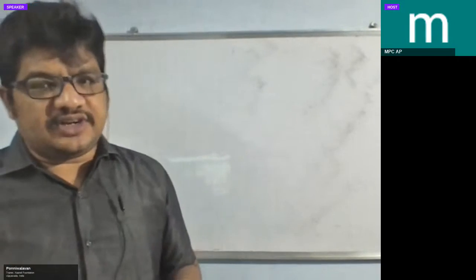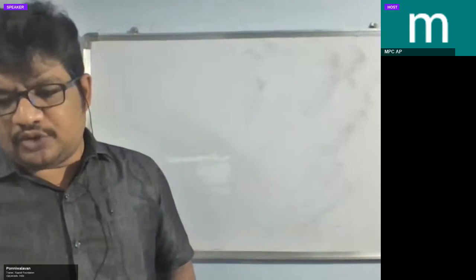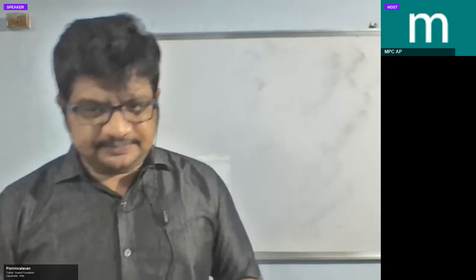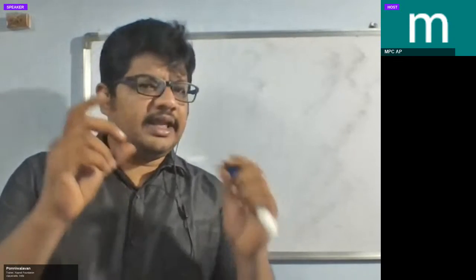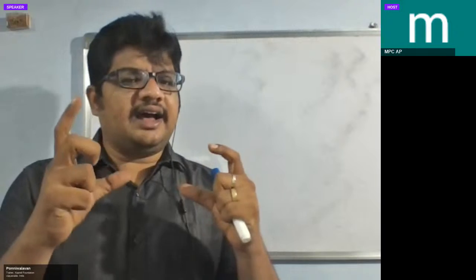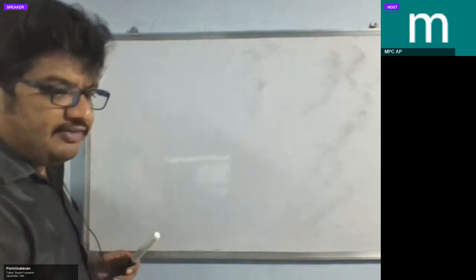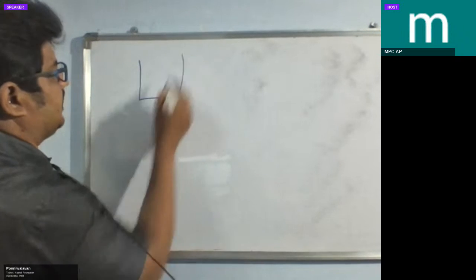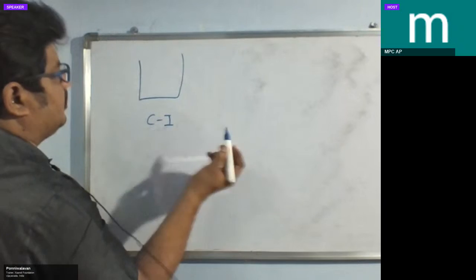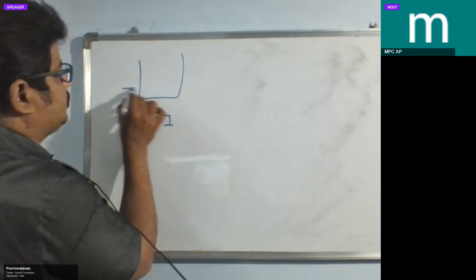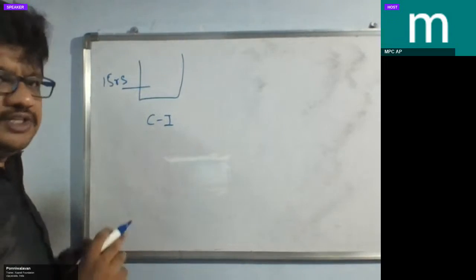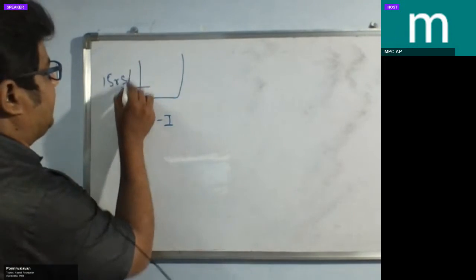Allegation and mixtures: mixing two or more elements. How are we going to mix? Listen. I am having two different solutions. One solution is in container one, and the worth of this solution is 15 rupees per liter.